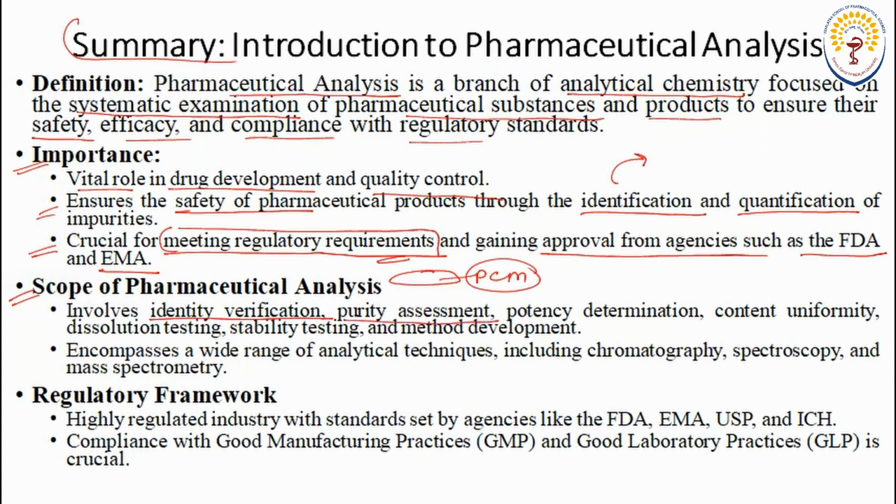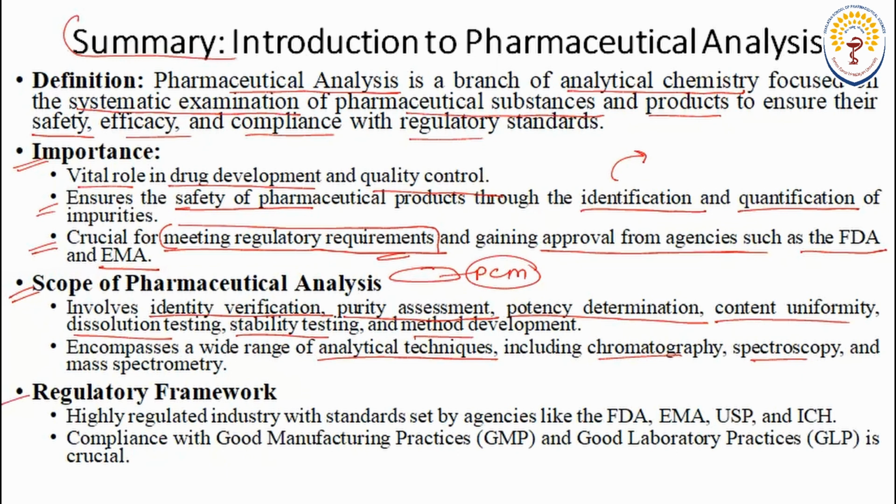Pharmaceutical analysis is used to check purity, potency or strength, content uniformity, dissolution testing, stability testing, and method development. These we have all studied. We have also studied that it covers a wide range of analytical techniques like chromatography and spectroscopy, and these chapters you are going to study in the next lessons of this module.